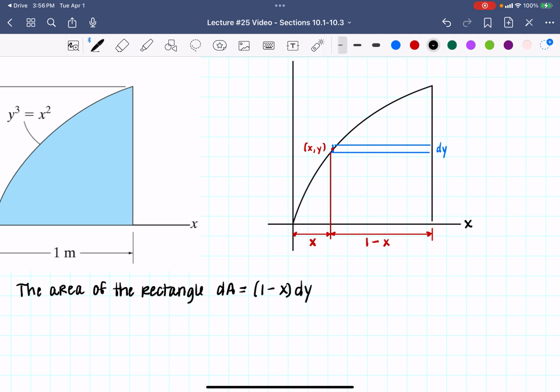For my curve, I've got y cubed equals x squared. That's what they gave us. So if I turn that into x in terms of y, I'm going to have y to the 3/2 equals x.